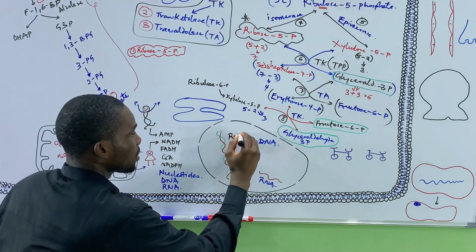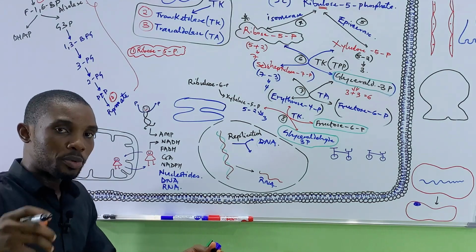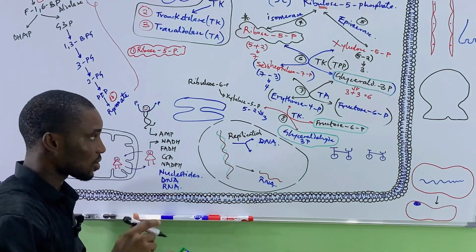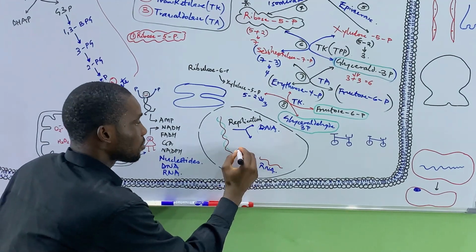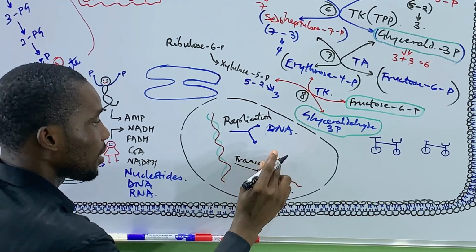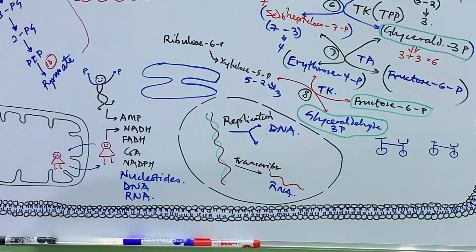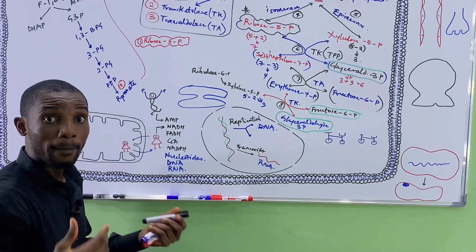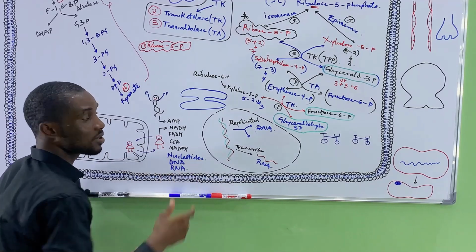So the replication requires ribose 5-phosphate to form the backbone upon which nucleotides are attached. And you can also transcribe the DNA to form RNA. The transcription of DNA to RNA requires ribose 5-phosphate, which also acts as what? Backbone. And then the nucleotides require what? Ribose 5-phosphate.